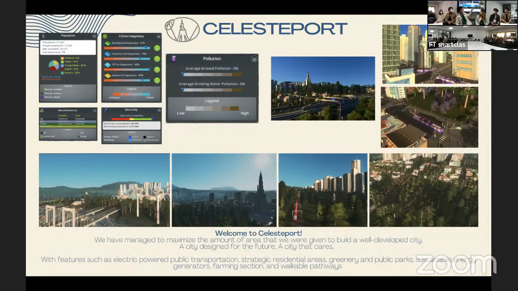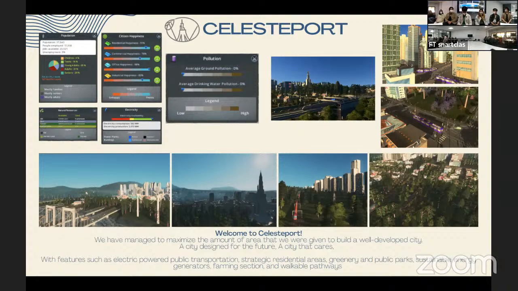And I would like to share some pictures of our city. As you can see, there is a lot of transportation that the people of Celestport can choose, such as trains, biofuel buses, trams, or even electric bikes, and we also provide walkable pathways for them.